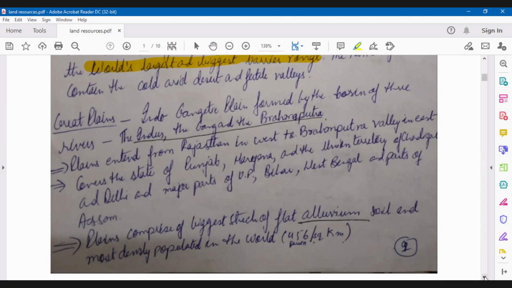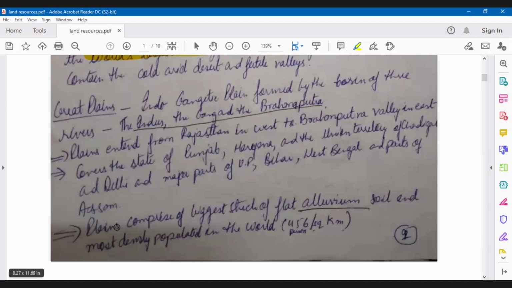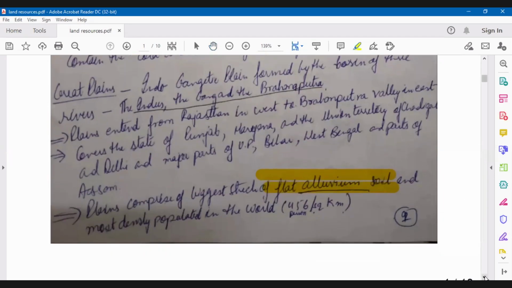The other factor is that these plains comprise the biggest stretch of flat alluvium soil. Now, this is important. The kind of soil found in this Indo-Gangetic plain is alluvium soil.